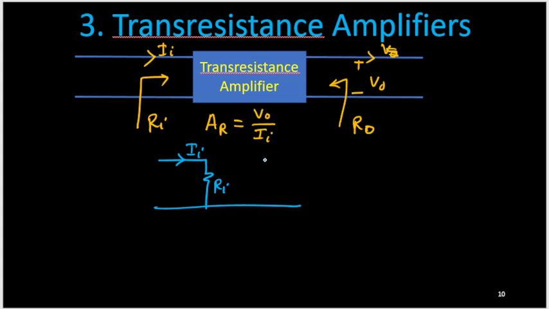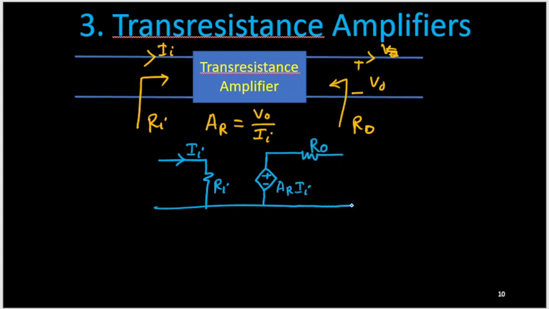So here I need one controlled voltage source, and its magnitude will be AR times Ii. As it is a voltage source, as I said earlier, output resistance R0 should be connected in series.